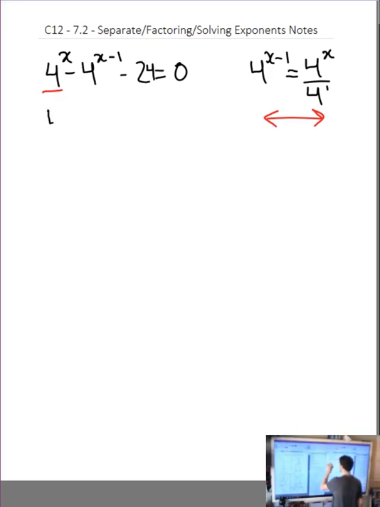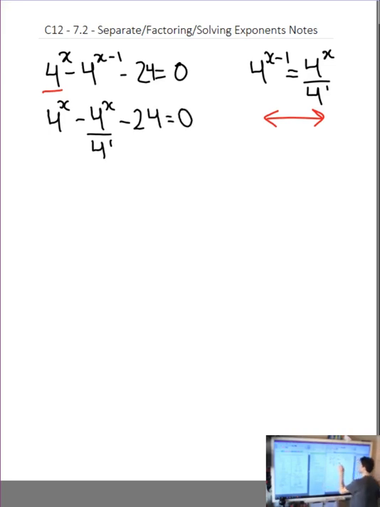So I can simply say 4 to the x minus 4 to the x over 4 to the 1 minus 24 equals 0. Now my funny looking thing is the 4 to the x, so I'm going to make 4 to the x equal m. Then I'm going to replace 4 to the x with m.